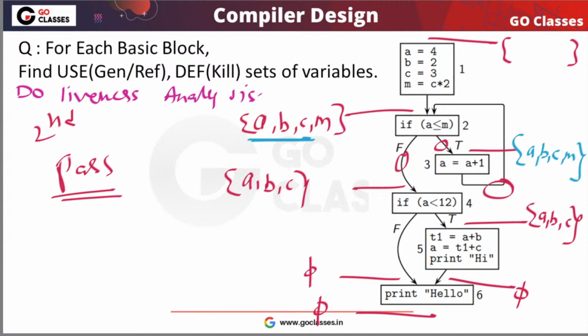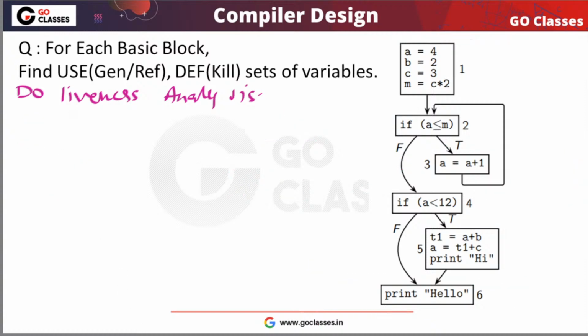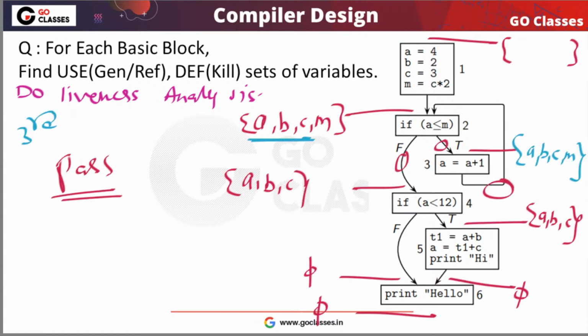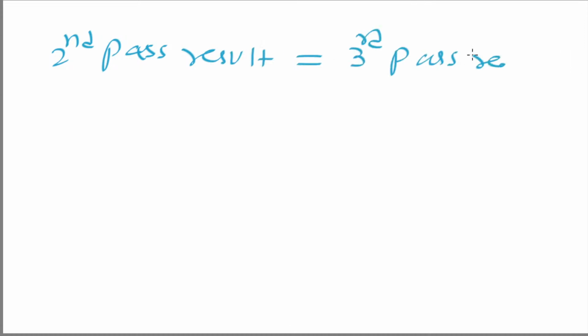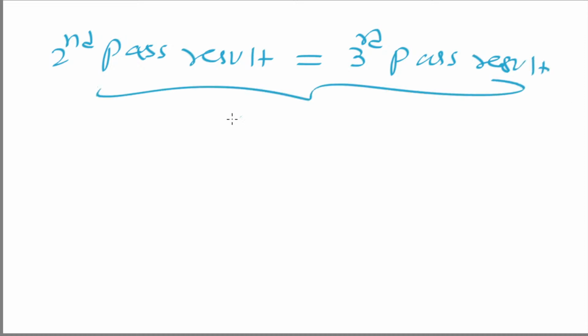The third pass also will be the same as the second pass. You can check. So finally I can say that the second pass and third pass results are the same. So I can say stop.